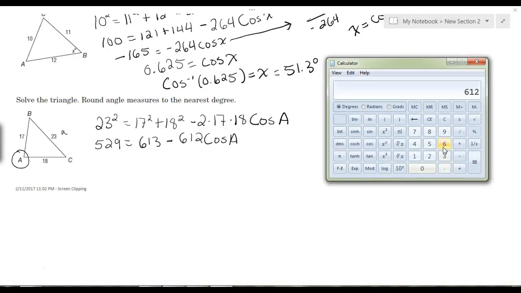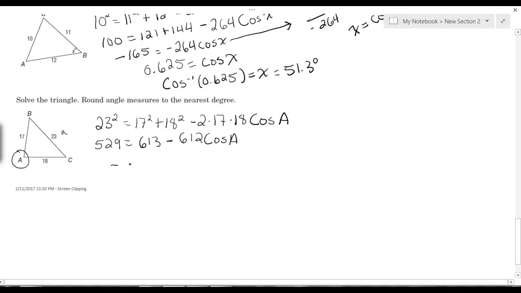So I'm going to take my 529, I'm going to subtract 613 from both sides. I end up with negative 84. So negative 84 equals negative 612 times cosine of A. I'm going to divide both sides by negative 612. So negative 84 over negative 612 equals cosine of A. My negative symbols will cancel each other out.